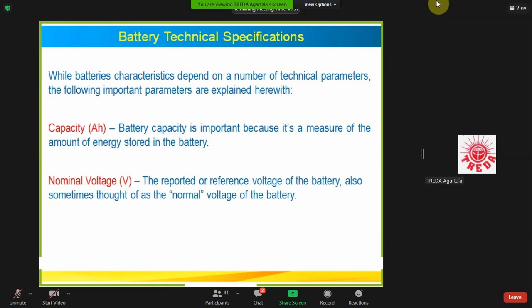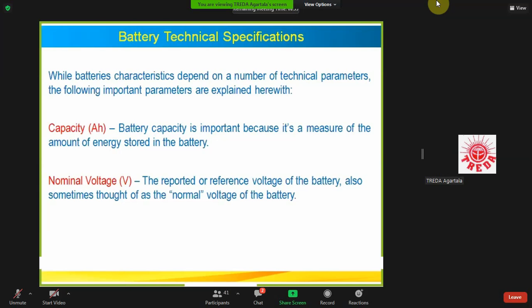Capacity of the battery is defined in ampere hours. Battery capacity is important because it is a measure of the amount of energy stored, in ampere hours. Nominal voltage: some batteries are 6 volt, 9 volt, 12 volt.